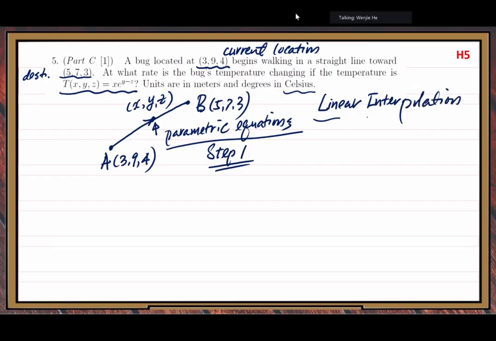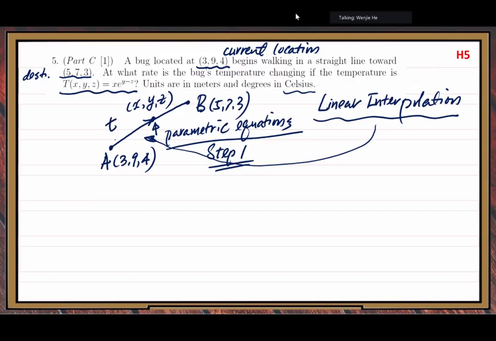Linear interpolation is the way to represent a point in the line segment between A and B. How to do it? Here we use the parameter t.